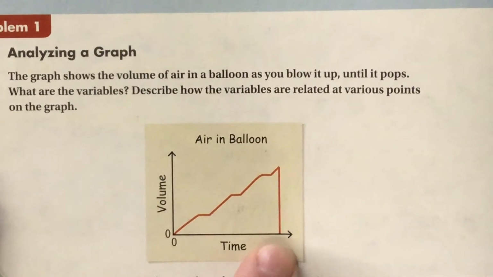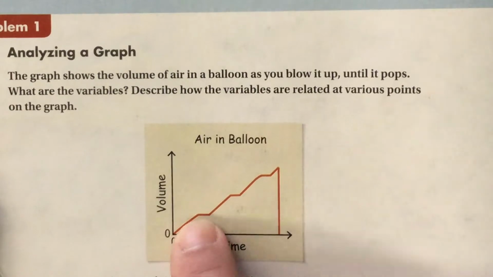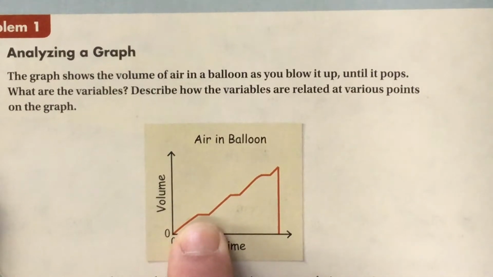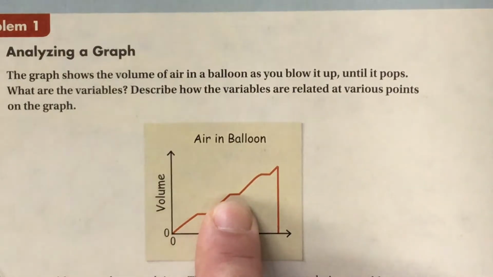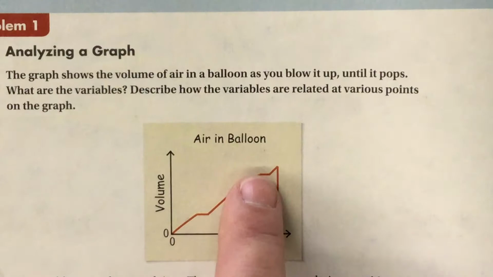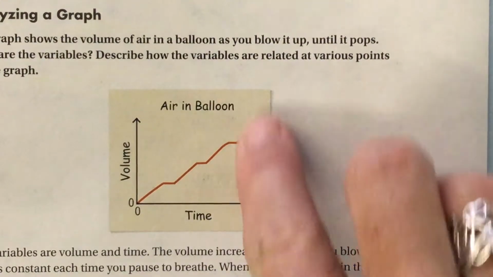There is no volume at this moment in time. As you're blowing it up, you reach a point where you have to grab air, right? And then you're blowing again, so the volume increases. You stop because you have to inhale so you can exhale again into the balloon. Now, are all these functions? Not right here. Not right here.